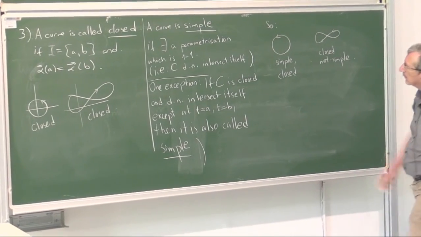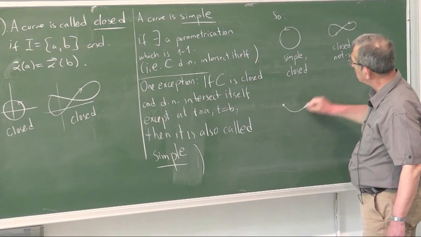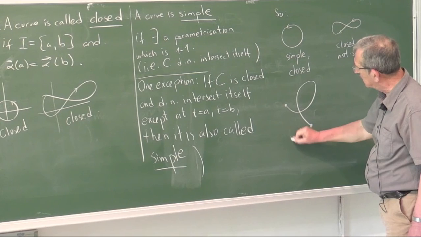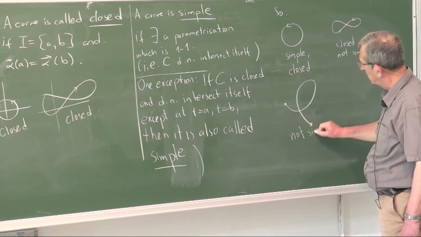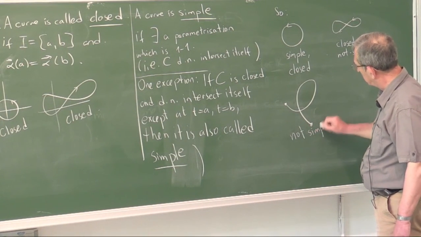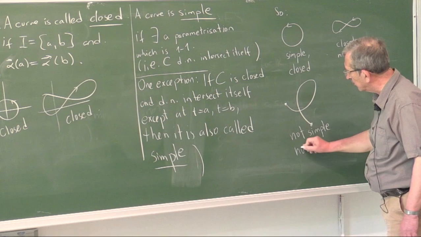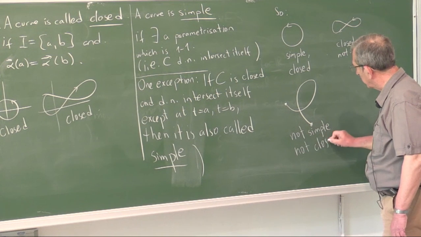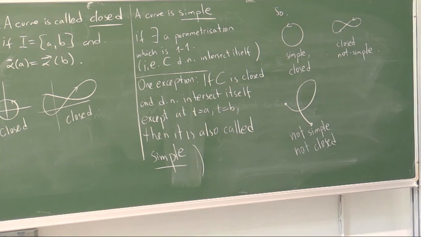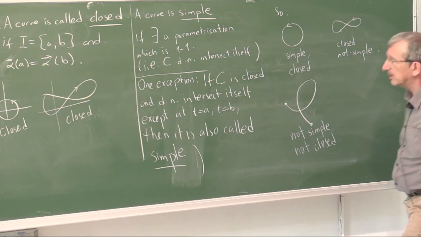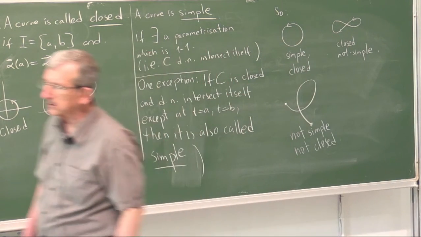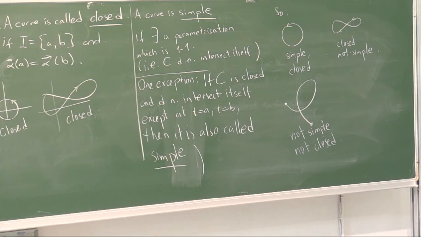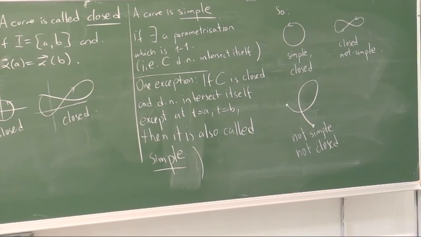Such a curve clearly is not simple, and of course not closed. So these are the basic examples that we have.